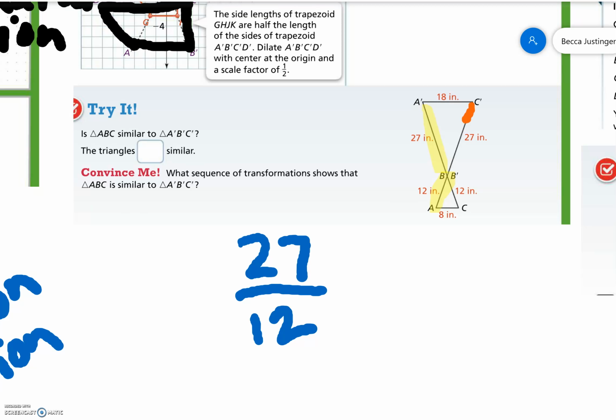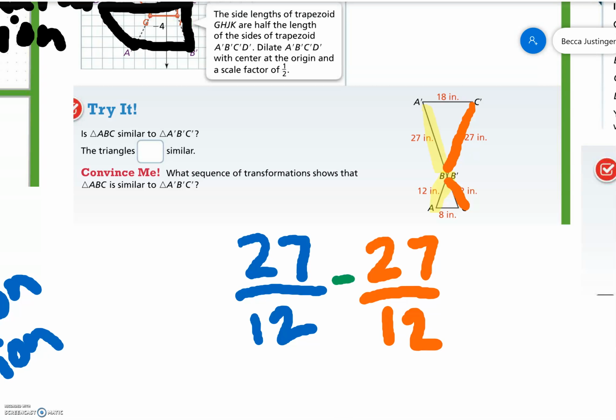Looking at the other side, C prime to B prime is 27. And B to C is 12. We check to see if those are in proportion to each other. Does 27 over 12 equal 27 over 12? Yep, they are similar.